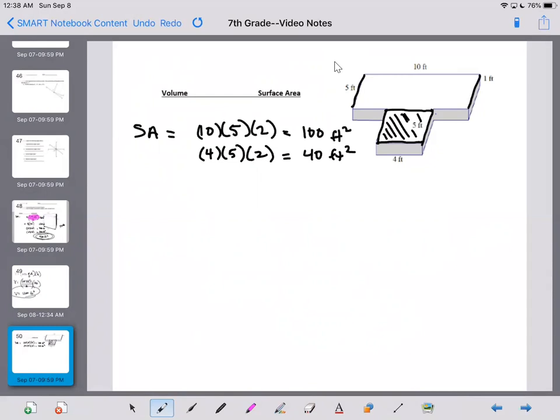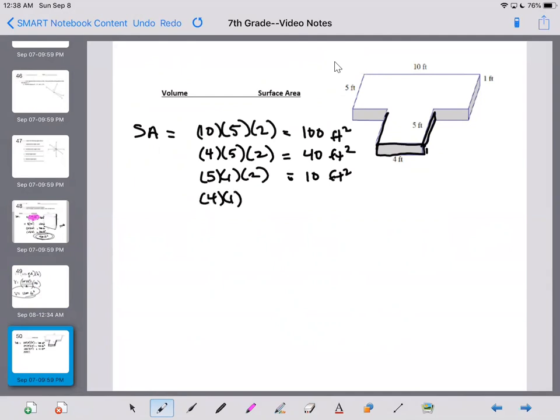So now we're going to come in and look at the different sides. So this is a 1 by 4. And this is a 1 by 5. And here's another 1 by 5. So we're going to have a 5 by 1, but 2 of them. So that's 10 square feet. We're going to have a 4 by 1, only 1 of those.